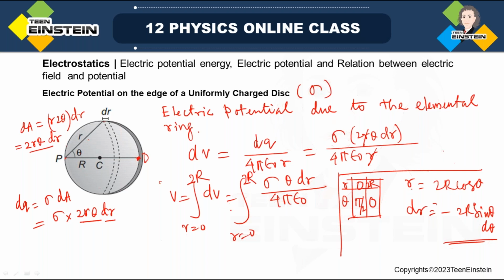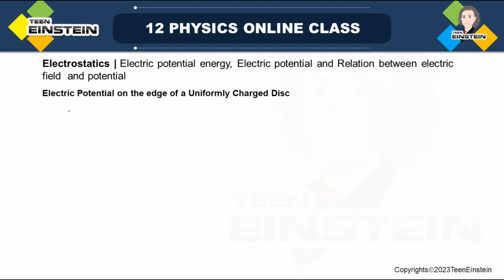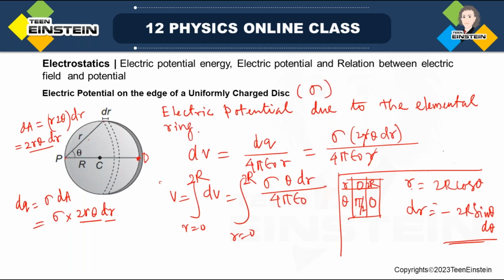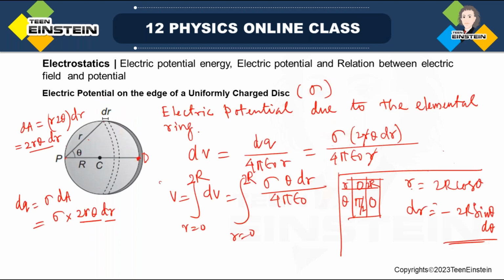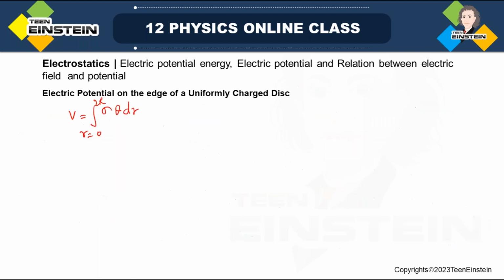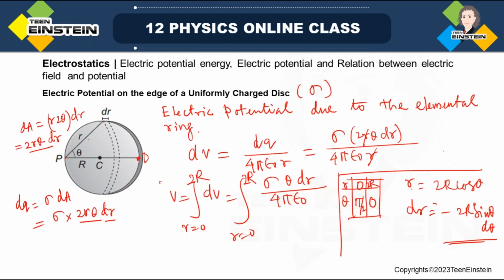So if I do the substitution, I have got the integration of sigma theta dr, where r goes from 0 to 2r, by 4 pi epsilon naught. I have substituted small r by 2r cos theta.